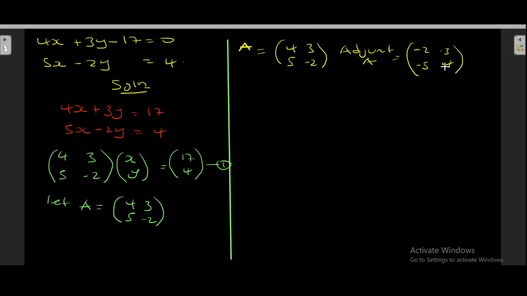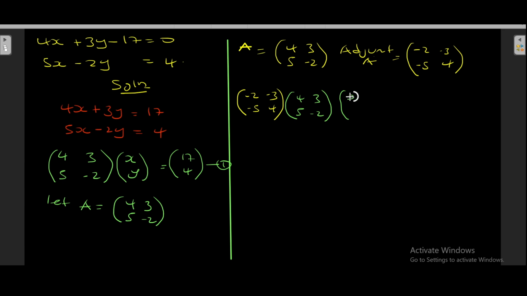After getting our adjoint, we are going to multiply this adjoint on both sides of our equation 1. Therefore, I'll come and write my adjoint, which is negative 2, negative 3, negative 5, and 4. I am multiplying it with my equation 1, which is 4, 3, 5, and negative 2. I close the bracket.